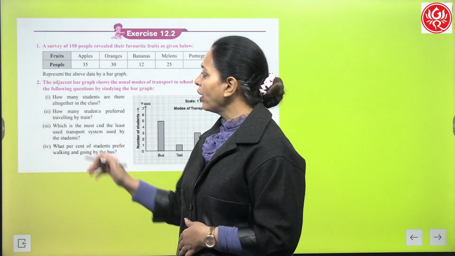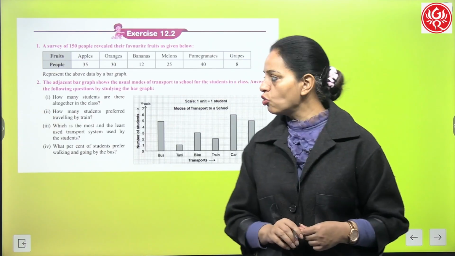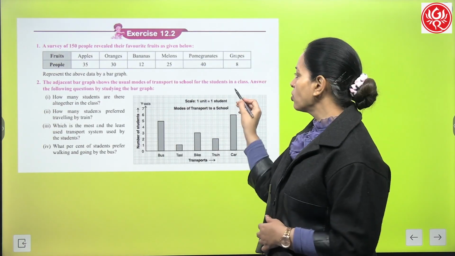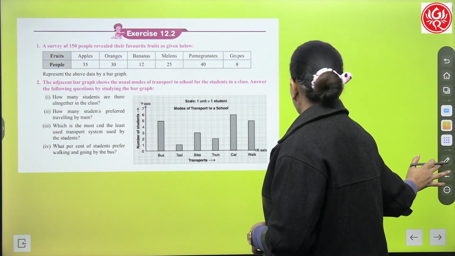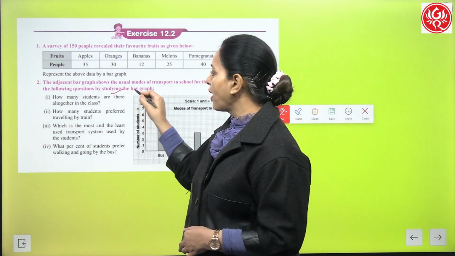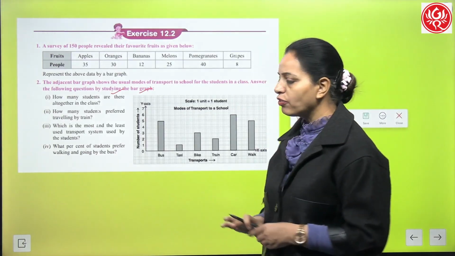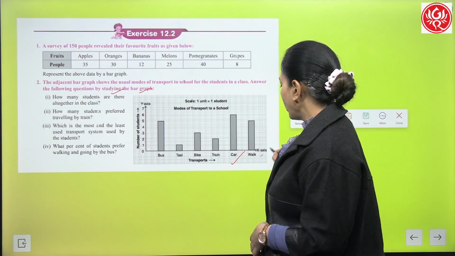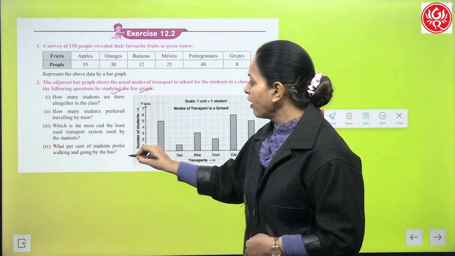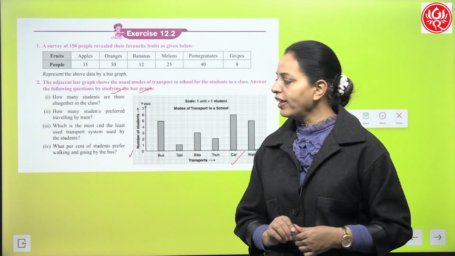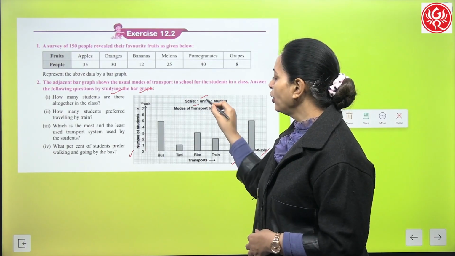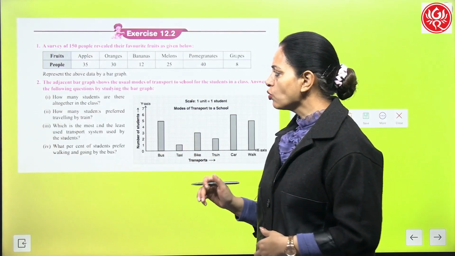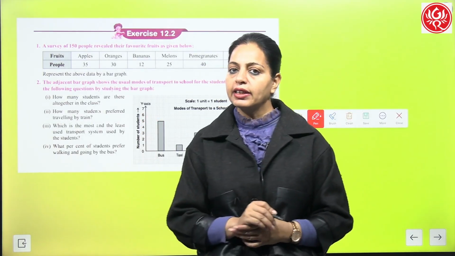Now see the second one, the adjacent bar graph shows the usual modes of transport to school for the students in a class. So answer these questions by studying this bar graph. So here you can see a beautiful bar graph. Transports along x-axis and number of students along y-axis and scale 1 unit equals 1 student. Now the first, how many students are there all together in the class?